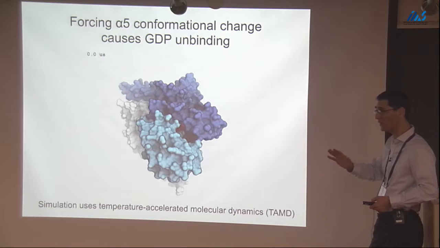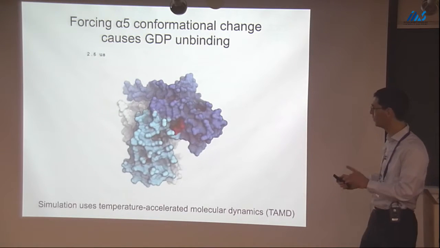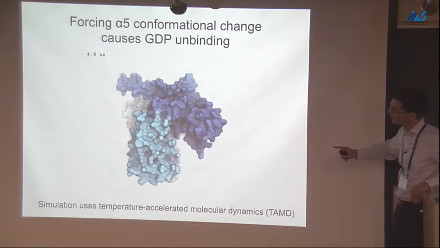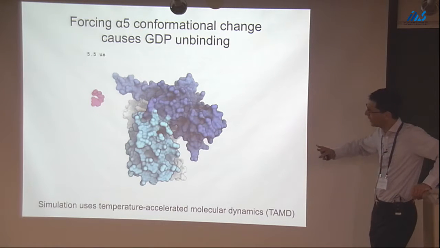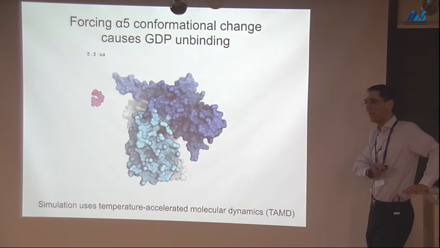Now, it does, here we're doing it, but there's one important caveat. The caveat is that when we tried this in plain unbiased simulations, basically, the escape of GDP is fairly slow on simulation timescale. So when we just run a simulation, we don't see it escape.